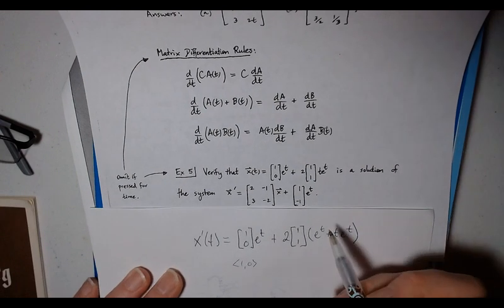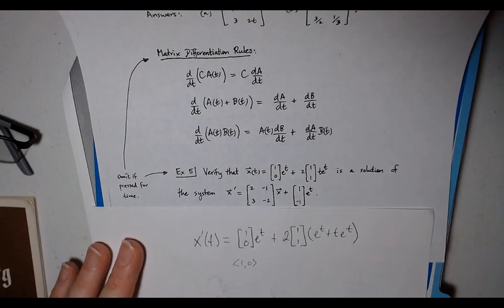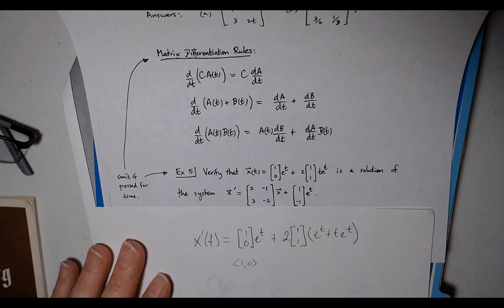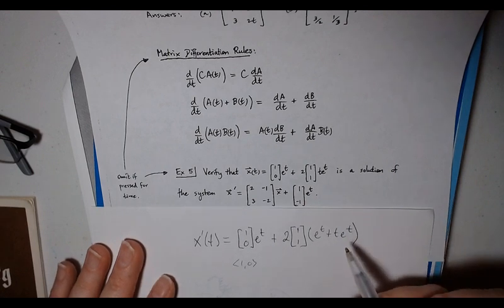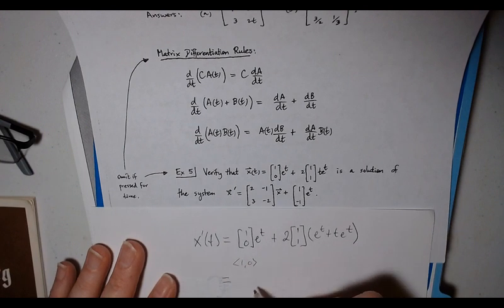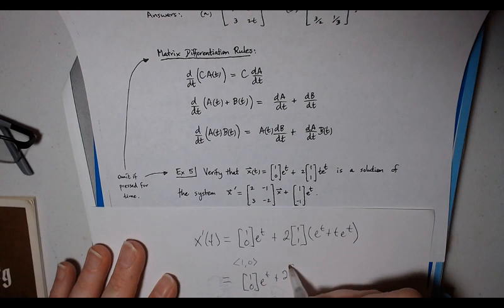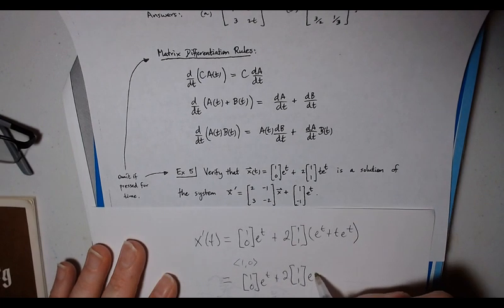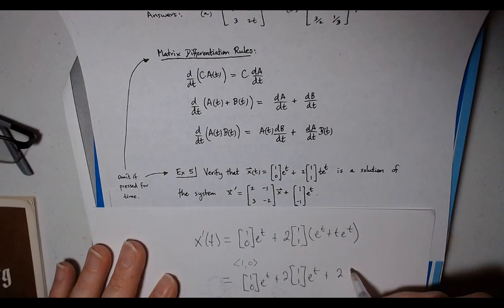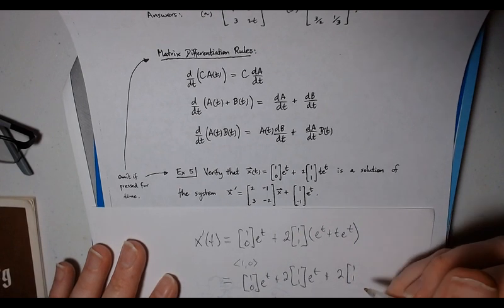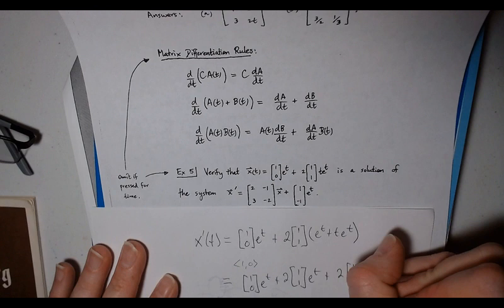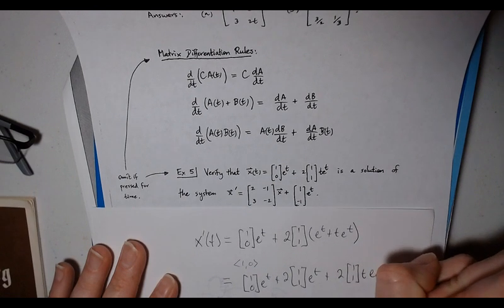So now we want to put this in this form if we can. So notice that this is equal to 1, 0, e to the t plus 2 times 1, 1, e to the t plus 2 times 1, 1, t e to the t.